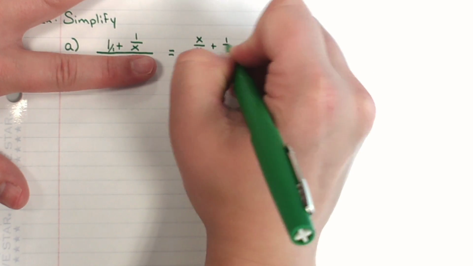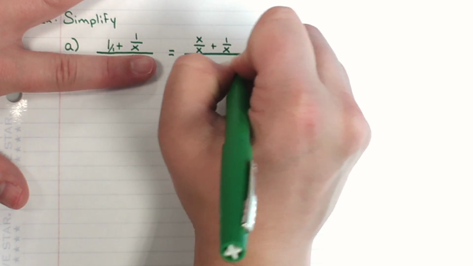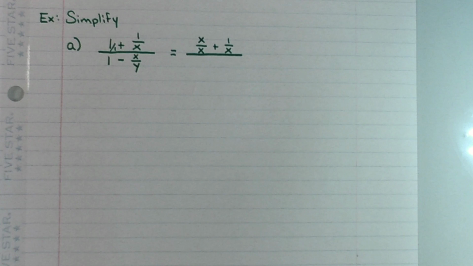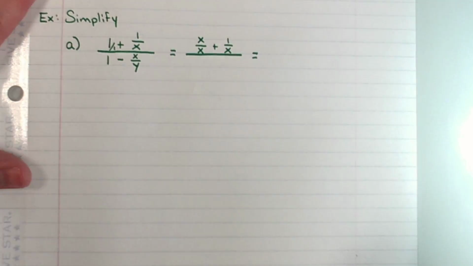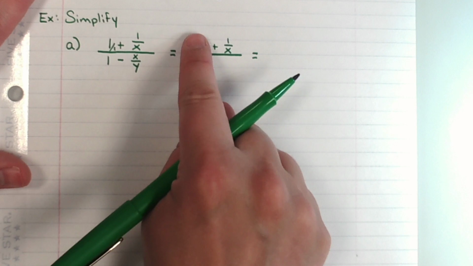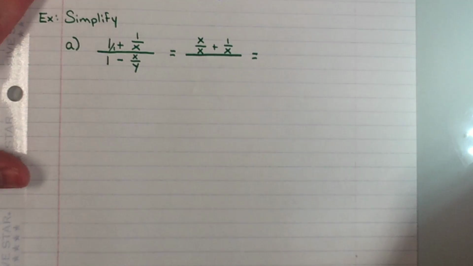X over x plus 1 over x. I'll be honest, when I'm doing this, I tend to ignore the denominator for a bit, and I just kind of work with my numerator, and then I go back to the denominator. I just leave a place for it. Okay. I add my fractions. X over x plus 1 over x becomes what?